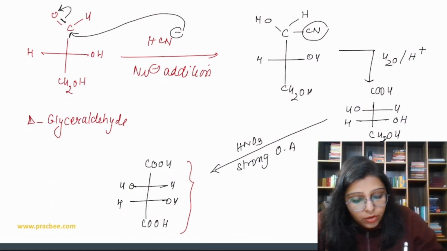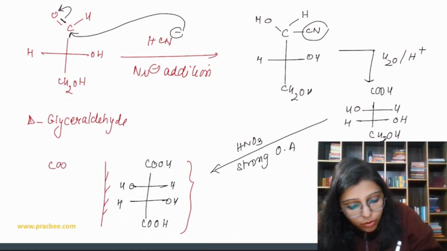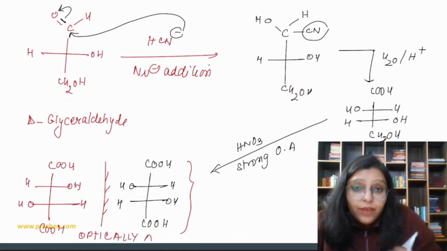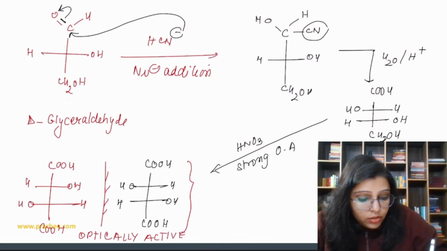Now see what we can write. We can have the mirror image of this one: COOH, OH on the right hand side and here OH on the left hand side. These are optically active, and we can have one meso product. Why? Because OH can be on the right hand side also, no?